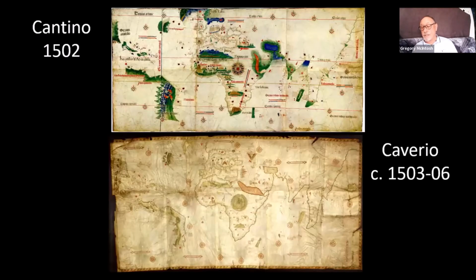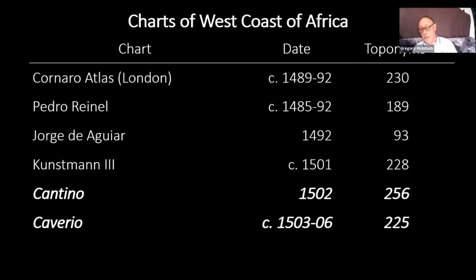And of course, the Cantino and Cavario planispheres, the relationship between them being the subject of the present inquiry. Here are the examined charts and the number of African place names of each.